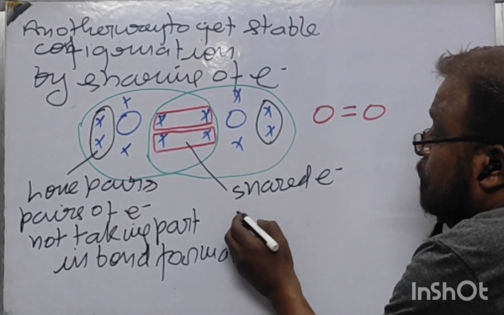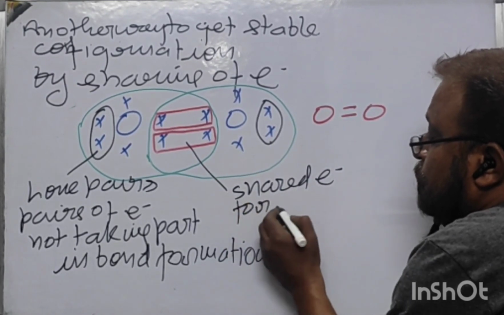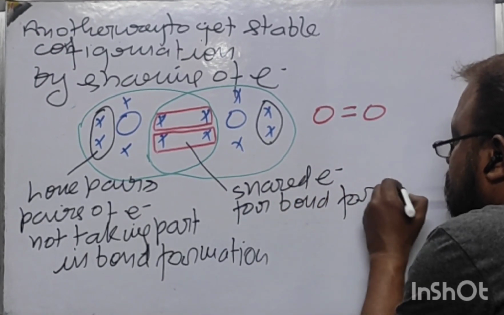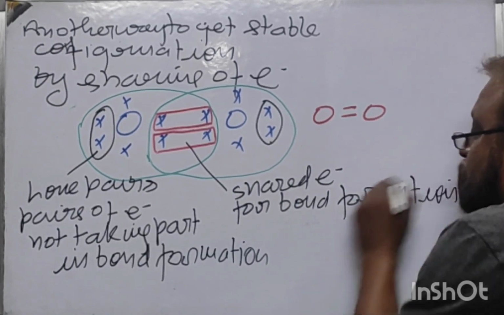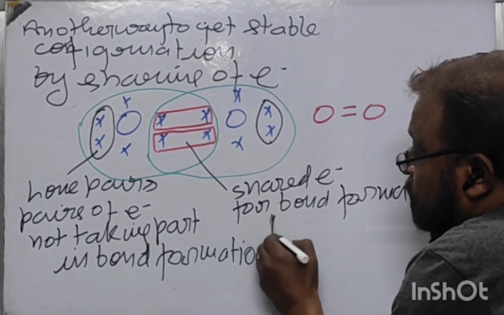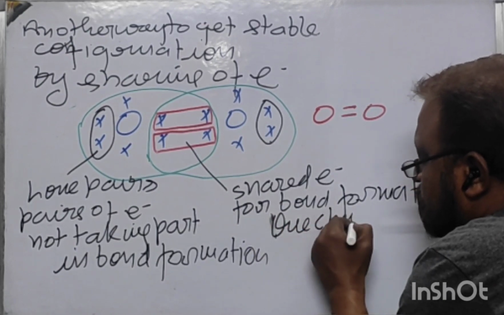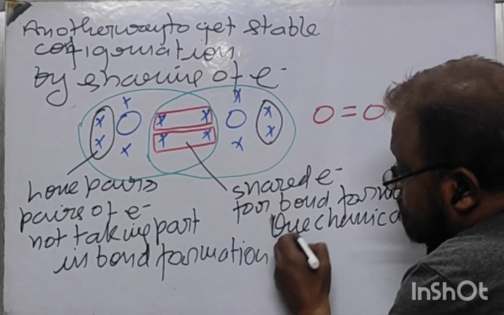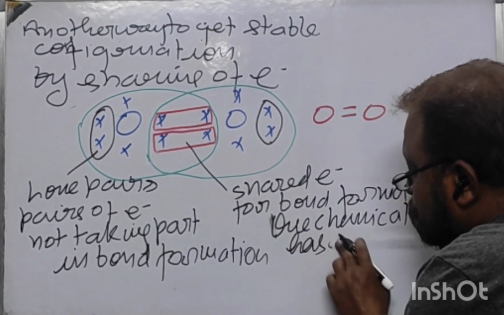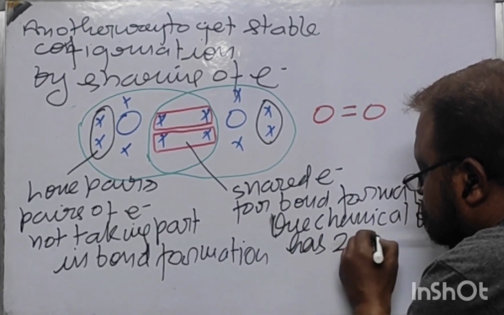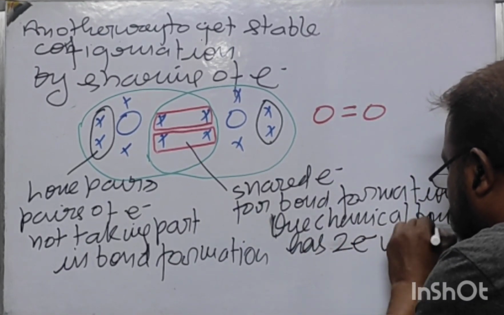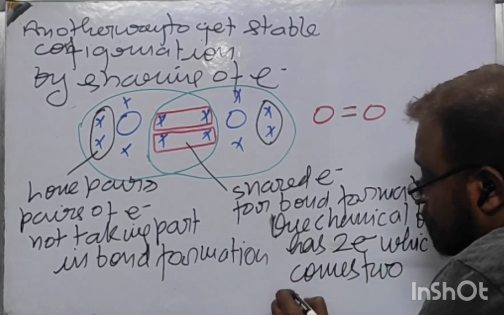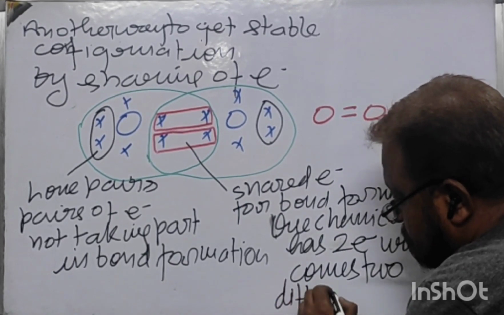One chemical bond has two electrons which come from two different atoms, right?